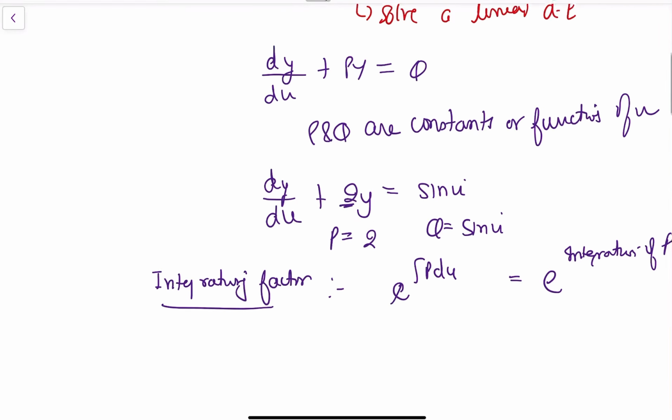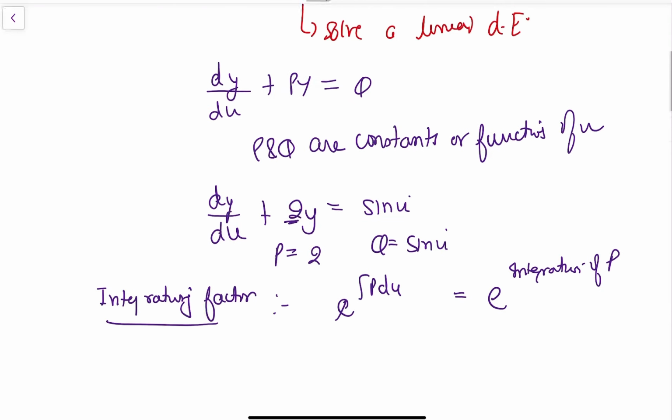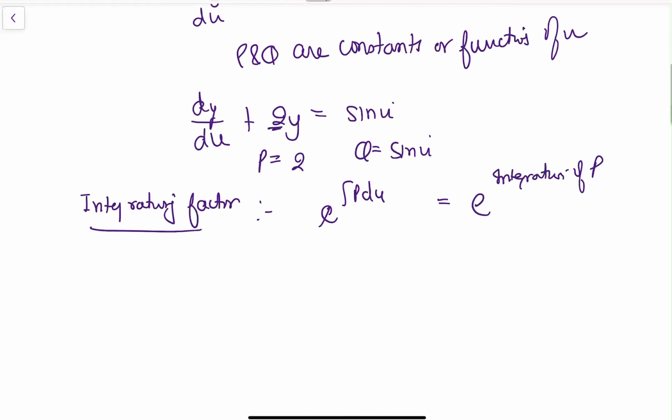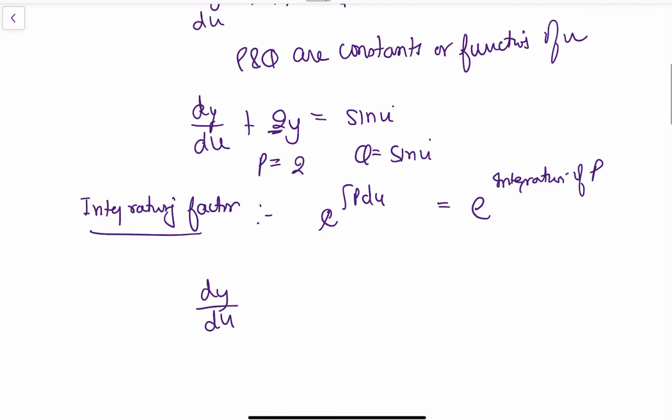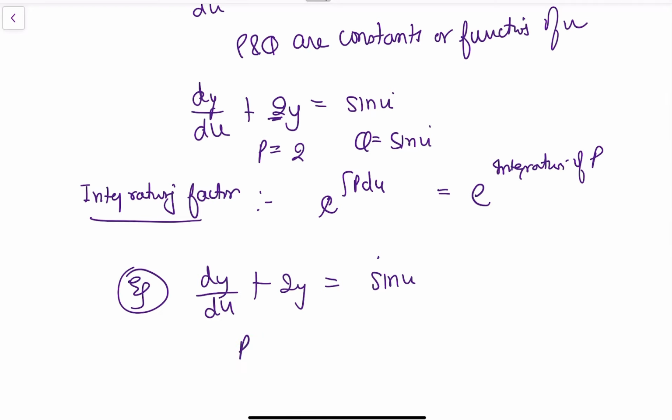So let's take an example. We have just done this question only. Our equation was dy by dx plus 2y is equal to sin x. Here p was 2, q was sin x. So what is my integrating factor going to be here? e to the power integral of p dx, p is 2, so e to the power integral of 2 dx.